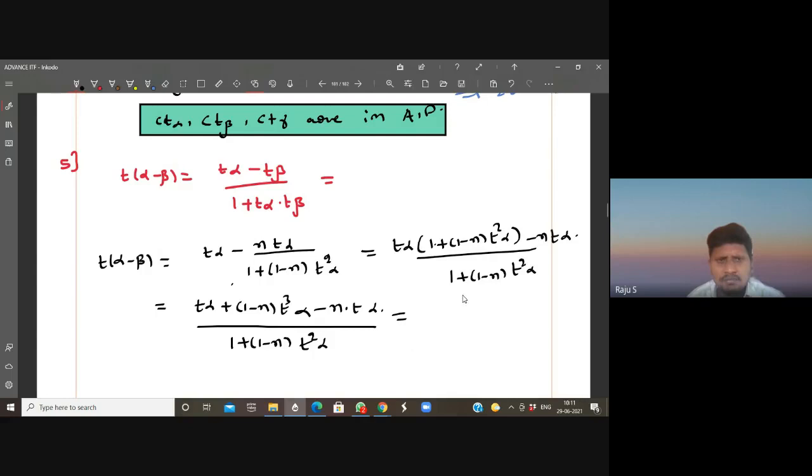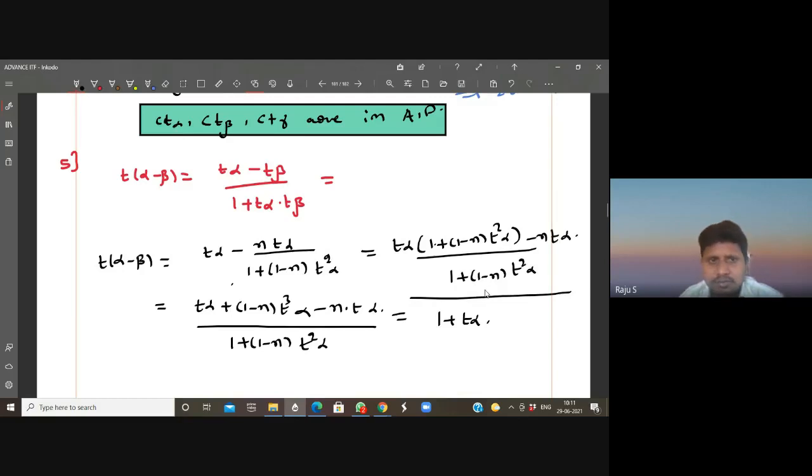Then, as you said, we need to write the denominator, divided by 1 plus tan alpha into this value. Am I right, student? Absolutely right.